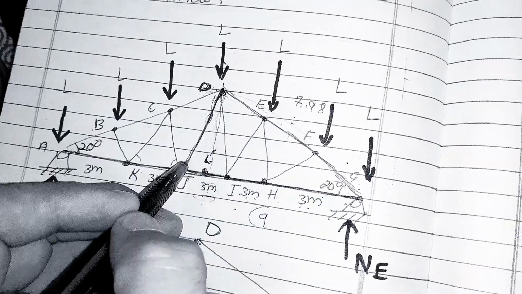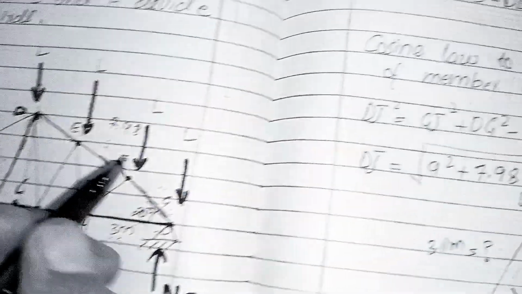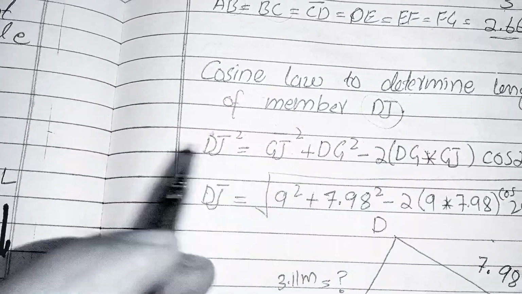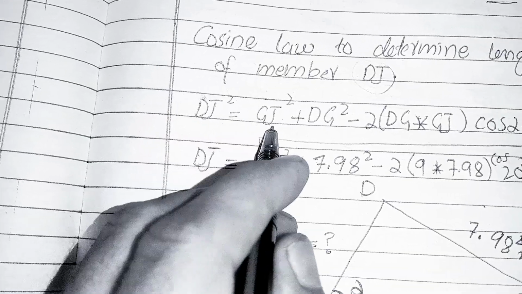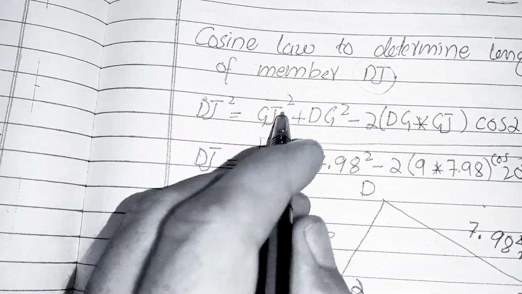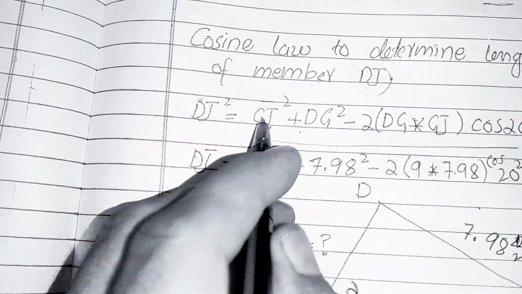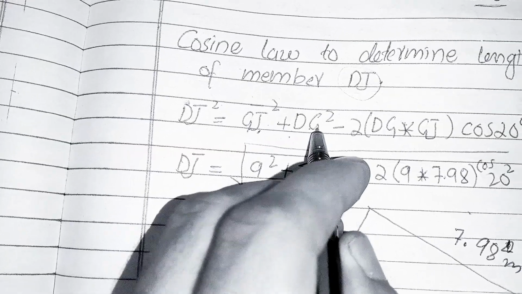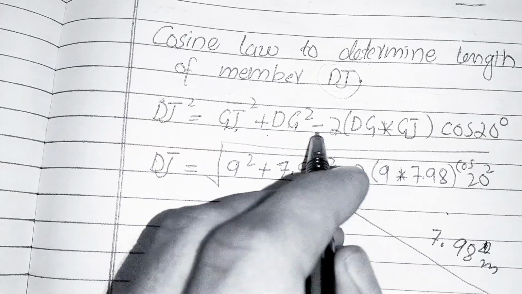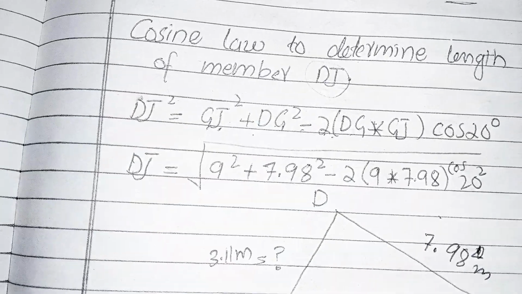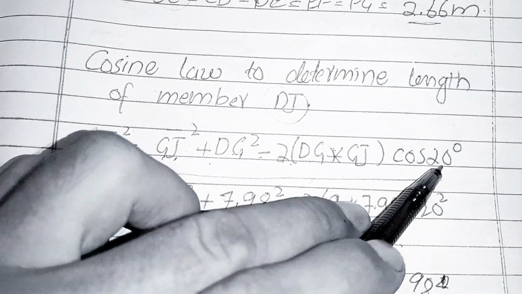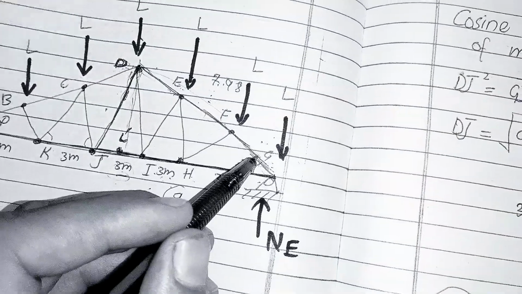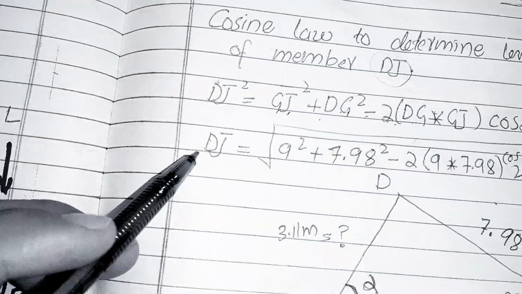We have to find this length, so by the cosine law we will find it. DJ squared equals GJ squared plus DG squared minus 2 times GJ times DG times cos 20 degrees. The angle is 20 degrees, so cos 20 degrees.